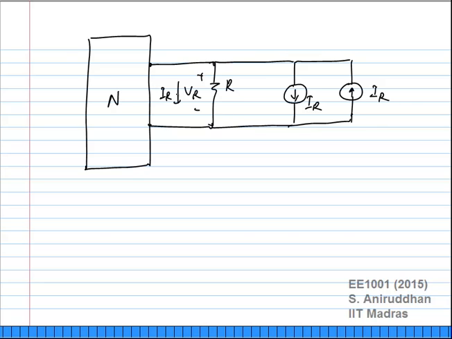Okay, what is the current through these two? 0. Okay, because the same current will tend to flow between the two current sources, and there won't be any current in these wires connecting this network to those two sets of current sources.